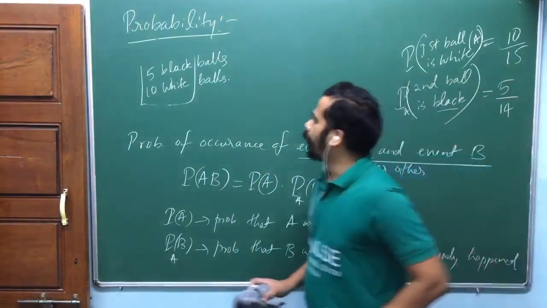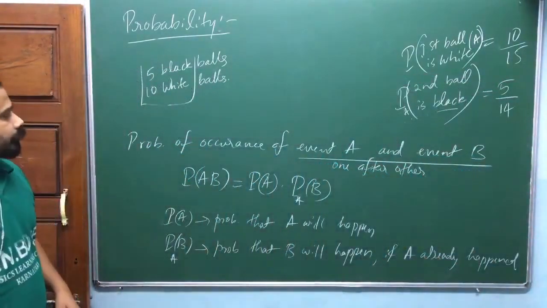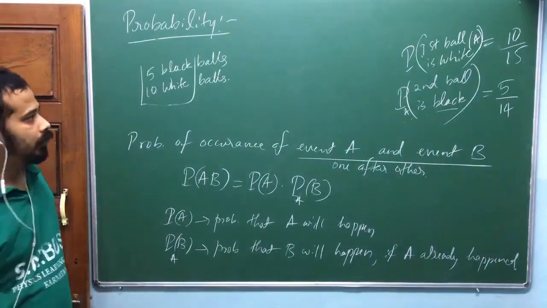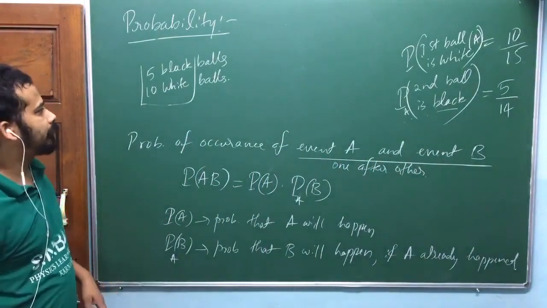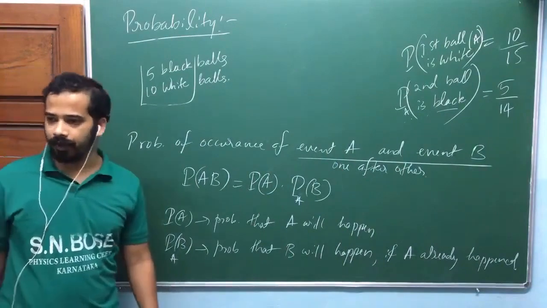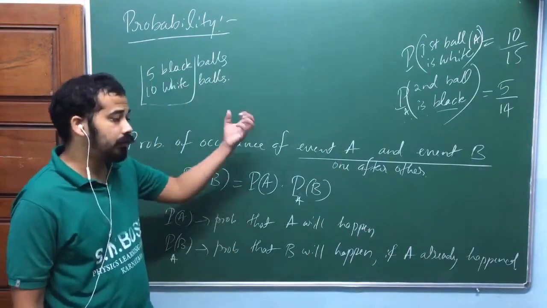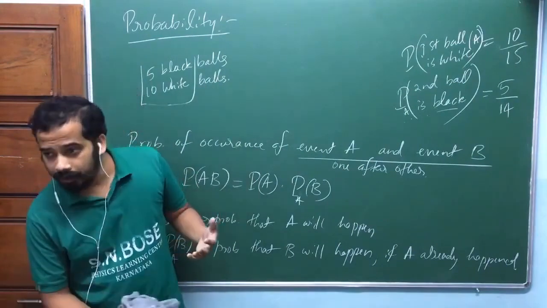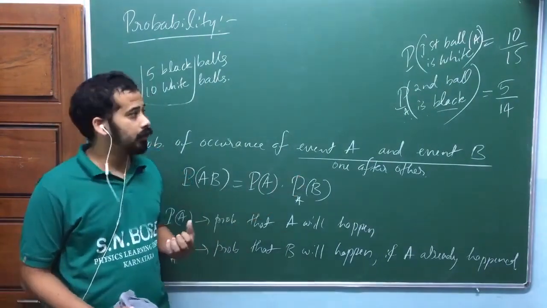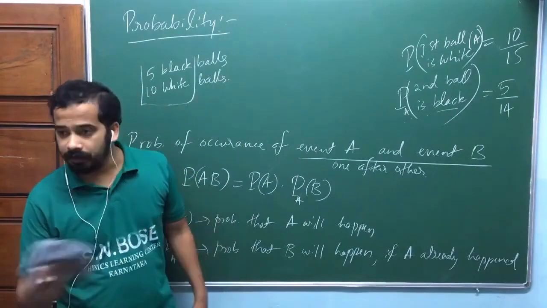Okay. 5 black balls, 10 white balls. So again, what is the probability that first ball is white, second ball is black? Okay. So now again you have drawn 2 balls. That's why again drawing first ball, again drawing second ball, in the second event.